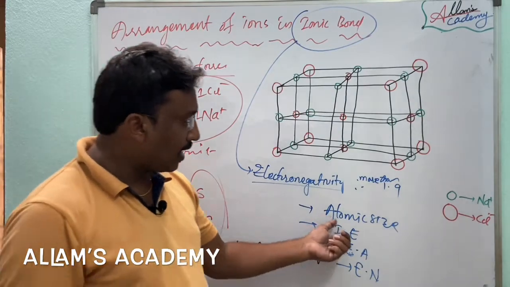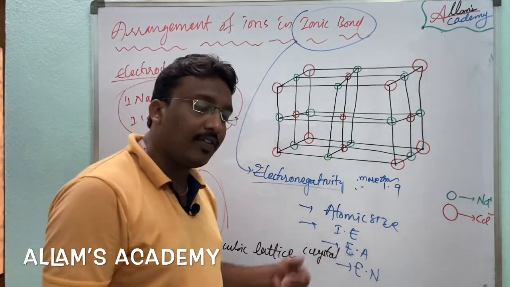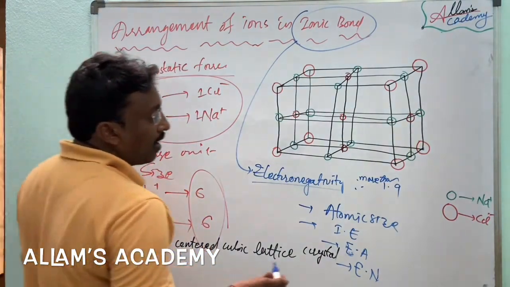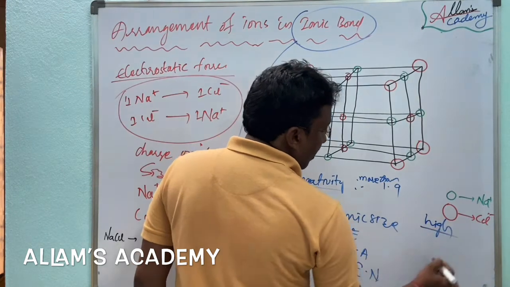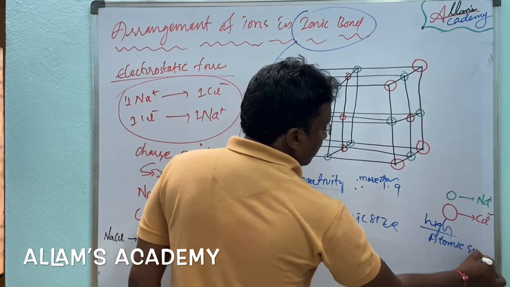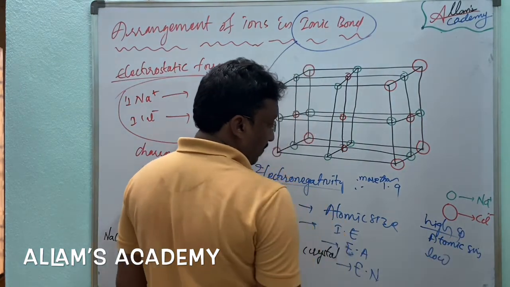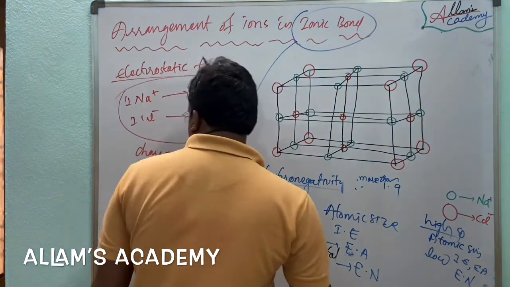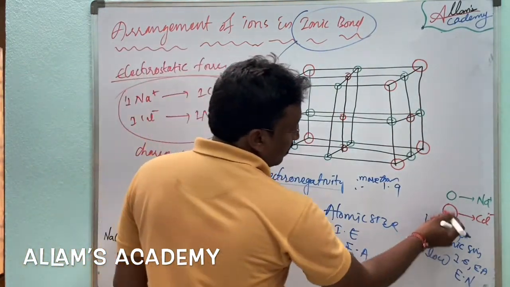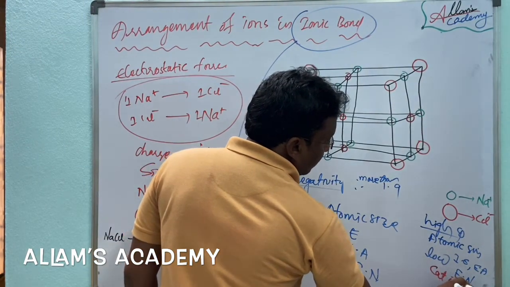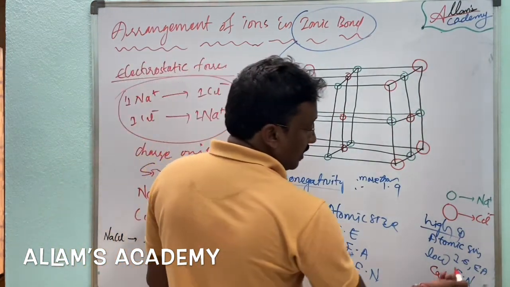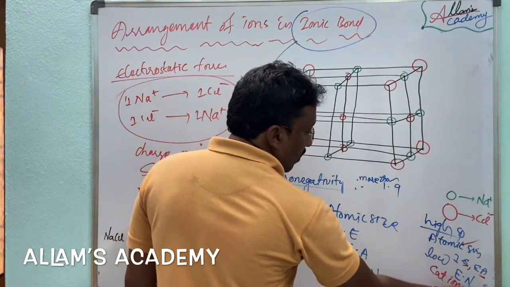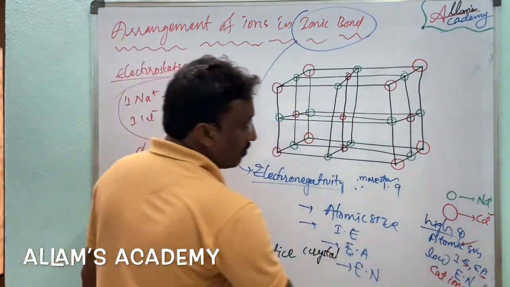We discussed atomic size, that means atomic radius, ionization energy, electron affinity and electronegativity in our periodic classification. An atom which is high in atomic size and low in ionization energy, low in electron affinity and low in electronegativity forms cations.